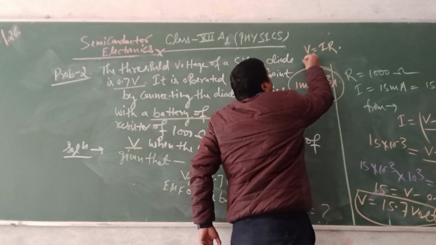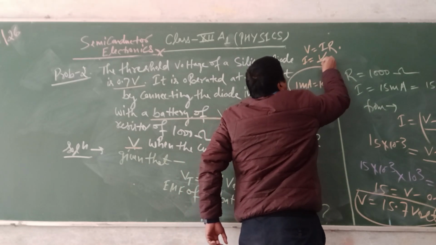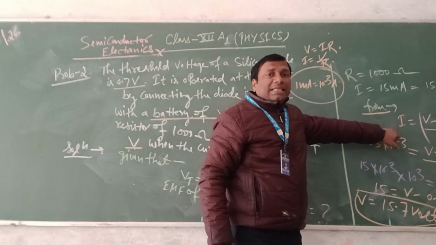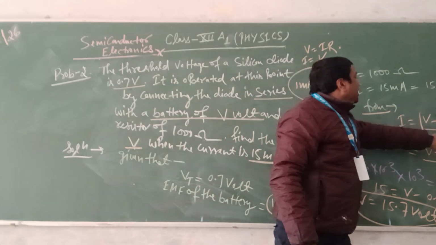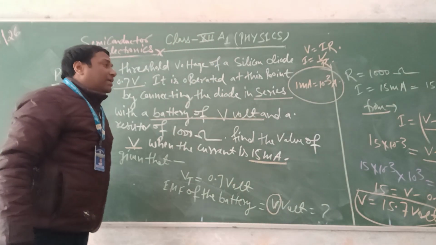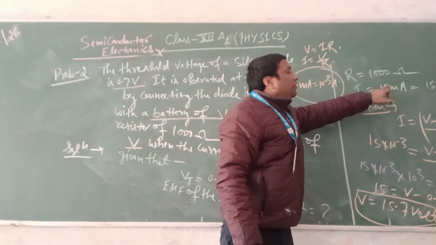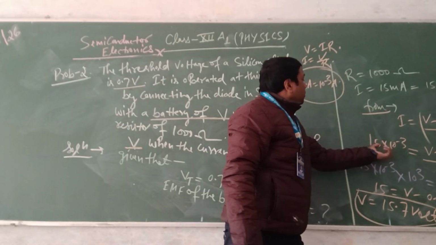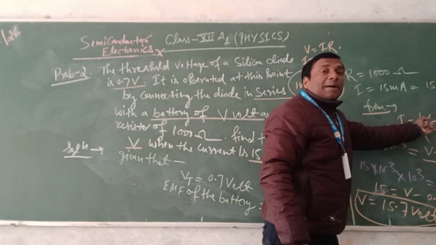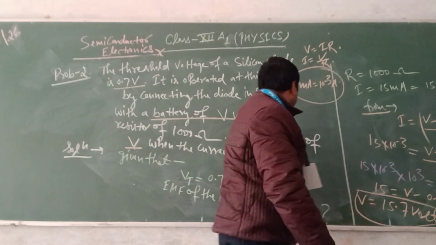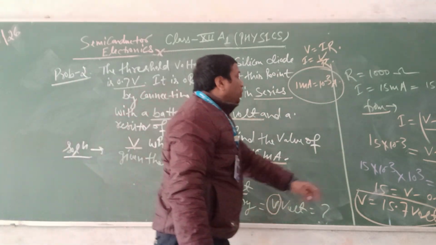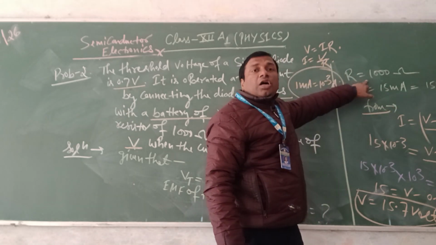That means I is equal to V upon R, and we have already discussed this formula: I is equal to (V minus Vt) upon R. The value of I is 15 milliampere, so substitute 15 into 10 to the power minus 3 ampere, Vt is 0.7 volt, and R is 1000 ohm.